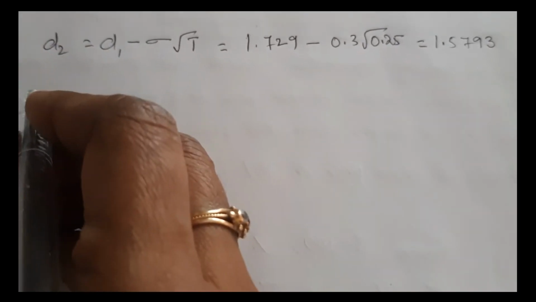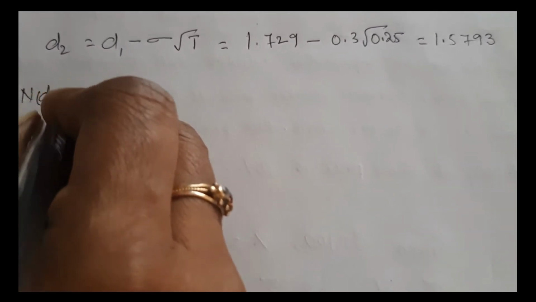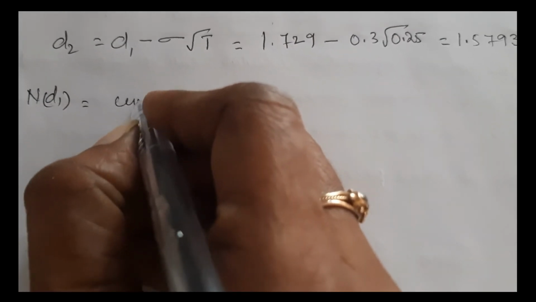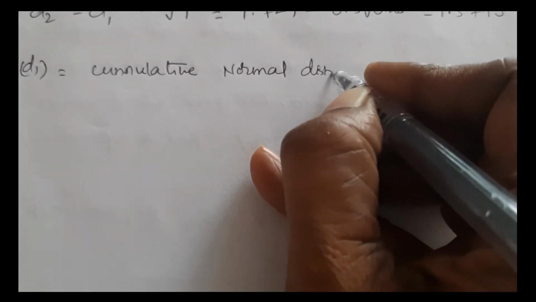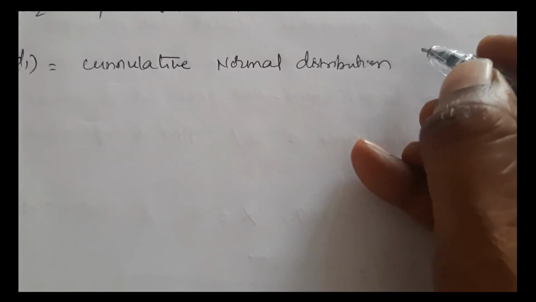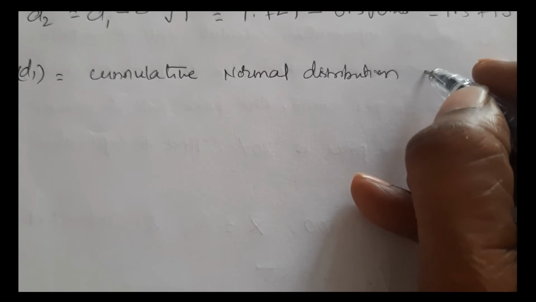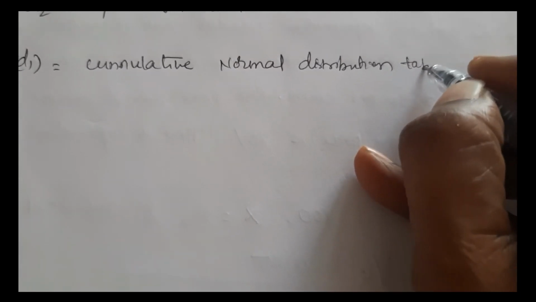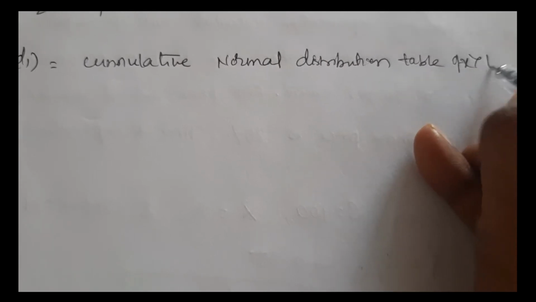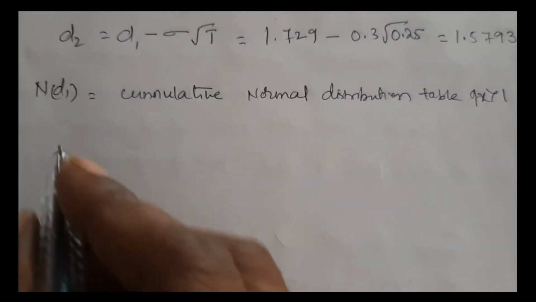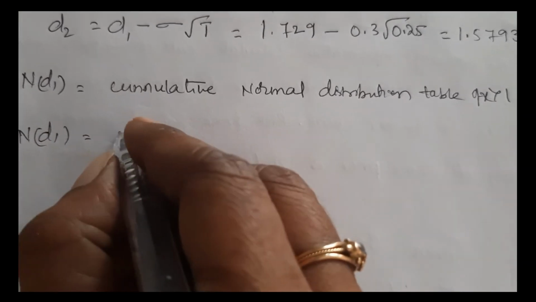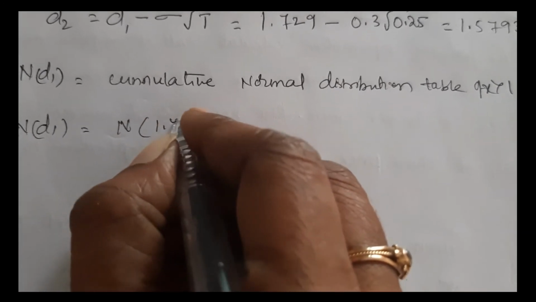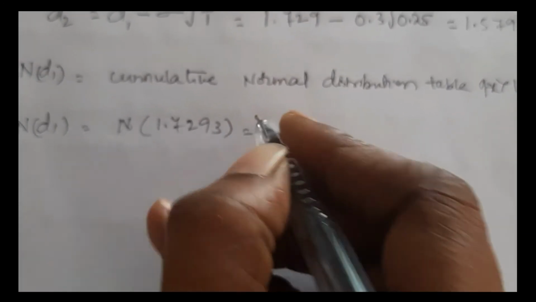Then after calculation of d1, d2, we need to calculate N(d1). For which you need to refer to the cumulative normal distribution table. Here the table of x greater than 1 we should take. So the value of N(d1), that is N of 1.7293, we should take.